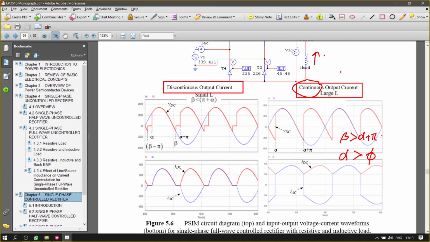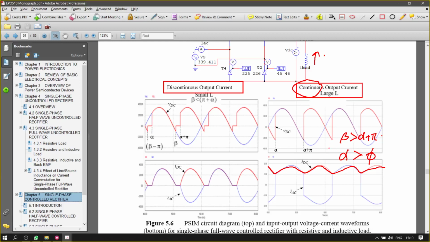or waveform. Okay, when you describe the operation of single phase R plus L inductive load, you always look into the output current. So the continuous output current, whereby if you look into the output current, it will become continuous, right? So how to determine that?